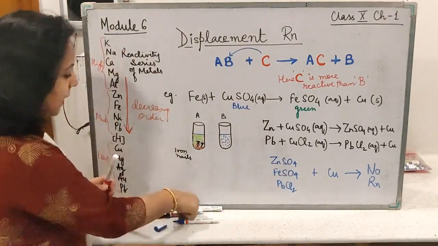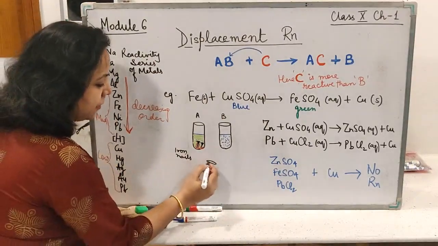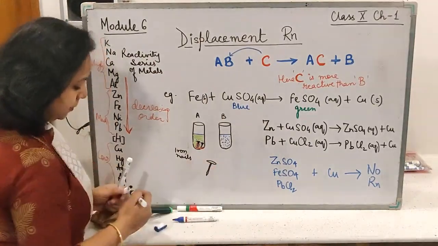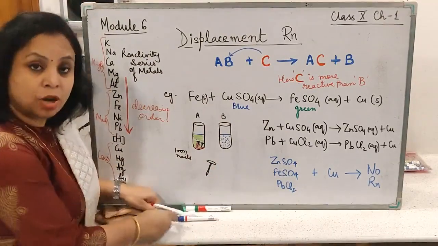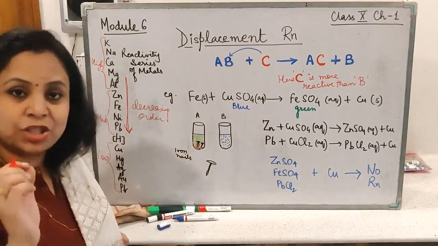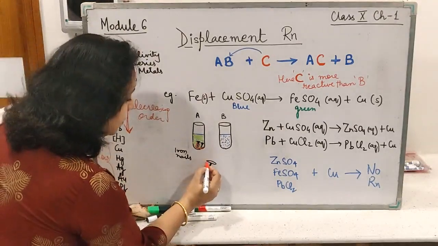Now I will just magnify this image. It will be somewhat like this. We know that copper metal is reddish brown in color.